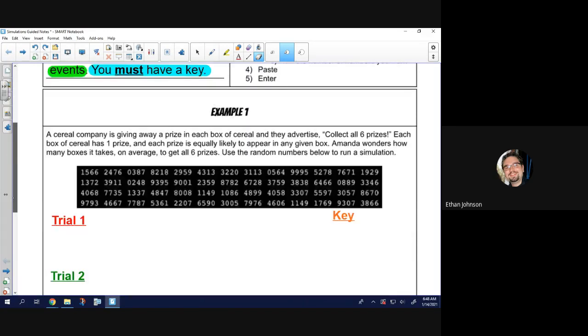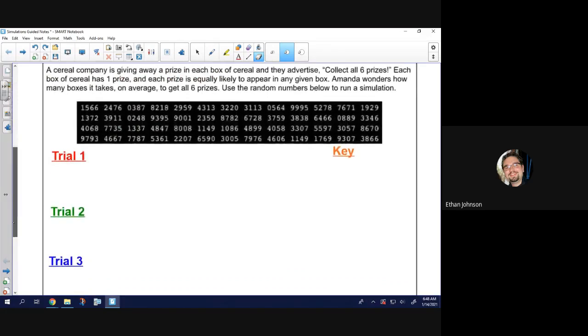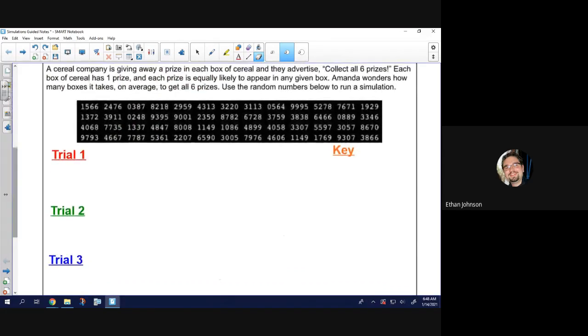So let's look at example 1. Example 1 says, a cereal company is giving away a prize in each box of cereal, and they advertise, collect all 6 prizes. Each box has 1 prize, and each prize is equally likely to appear in any given box.